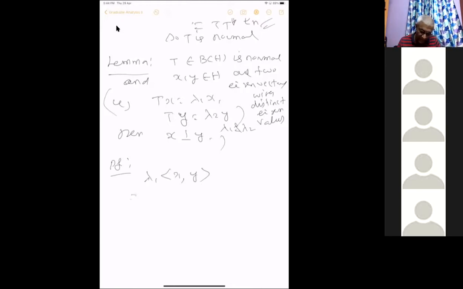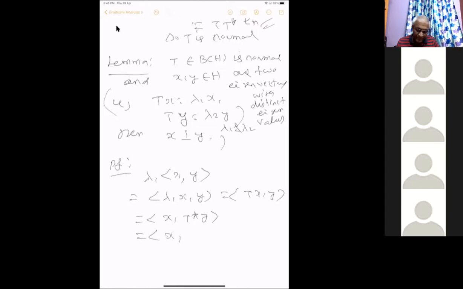This is equal to, you can take it inside, lambda 1 <x, y>, which is equal to <Tx, y>. Now you can move that to the other side with T star y. We have seen this for a diagonal operator; it is true for a general normal operator.